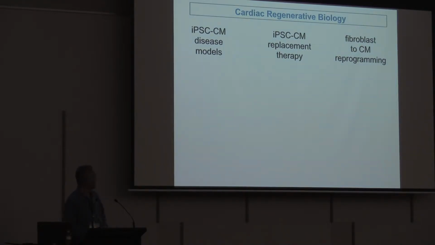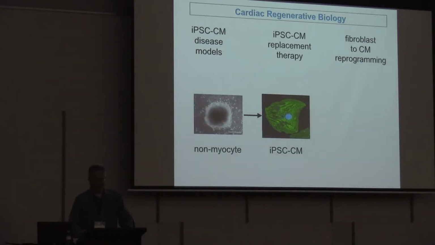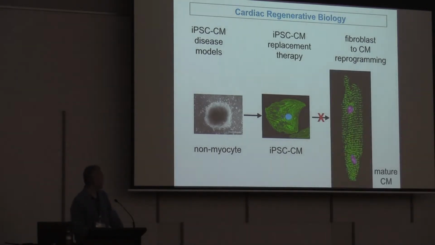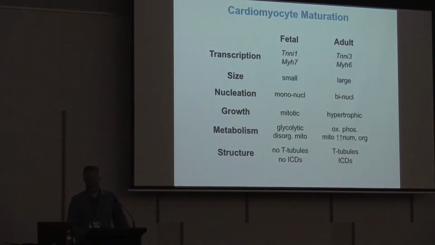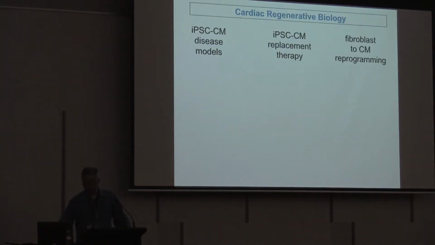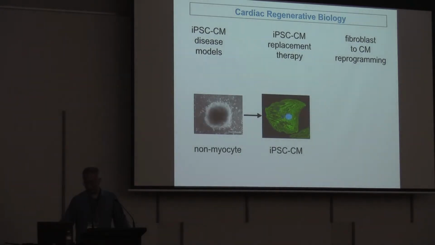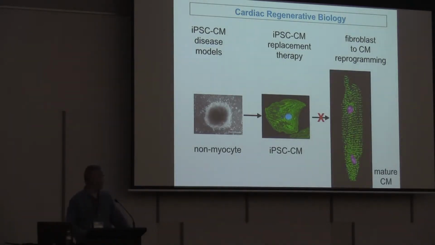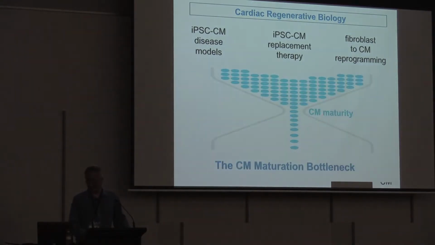If we want to use iPS cells to make disease models or for replacement therapy or even for fibroblast to cardiomyocyte reprogramming, we're faced with this problem that the cells that we make usually have a very immature, fetal-like phenotype, whereas we would like to make mature cardiomyocytes. You could refer to this as a bottleneck that's inhibiting our ability to pursue regenerative cardiac biology.